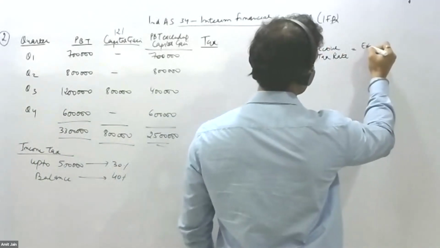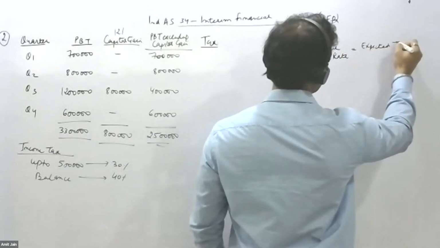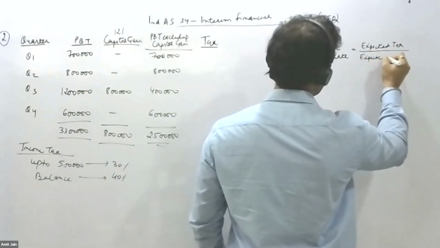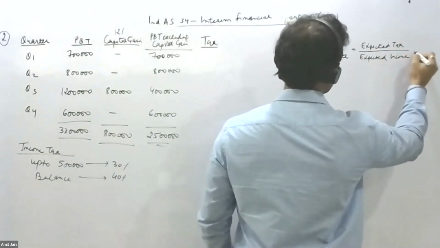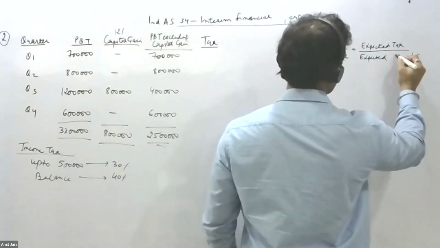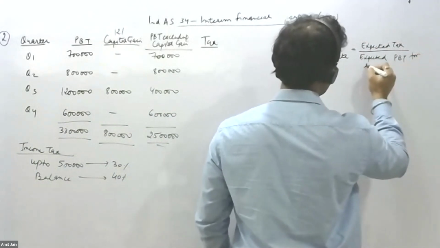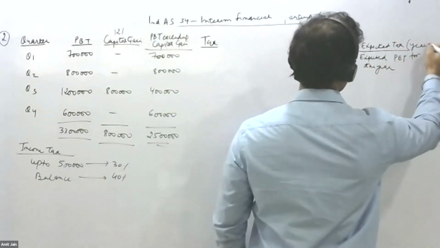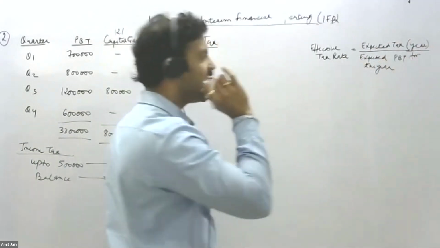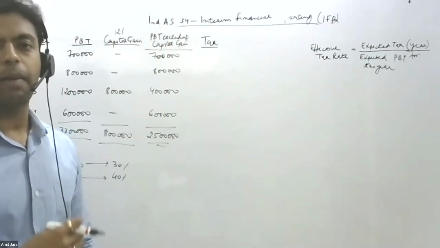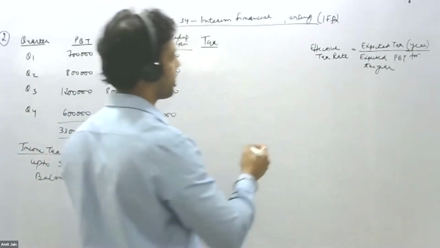How to compute effective tax rate? Expected tax divided by expected income for the year, or PBT for the year, and tax will also be for the year. And if there is any income which is not under the normal income tax, like capital gain, we need to exclude that, right?